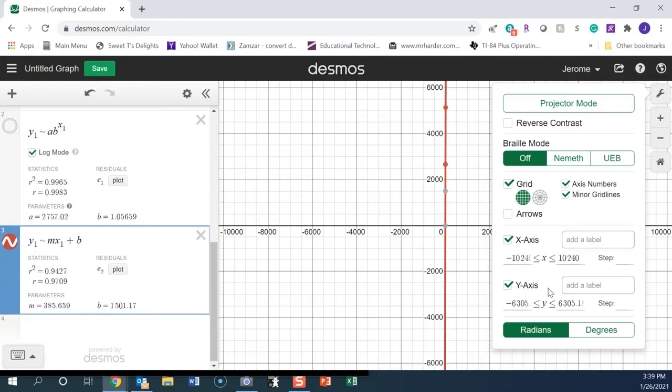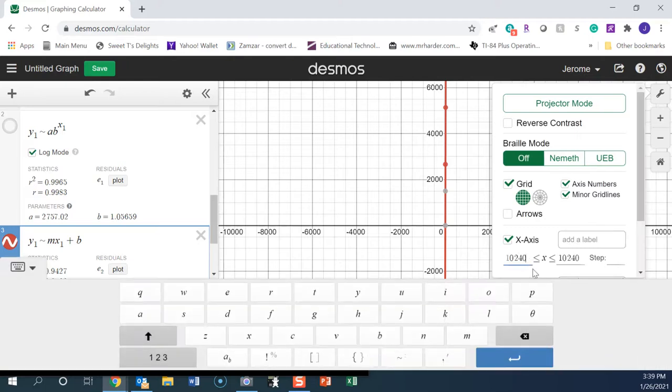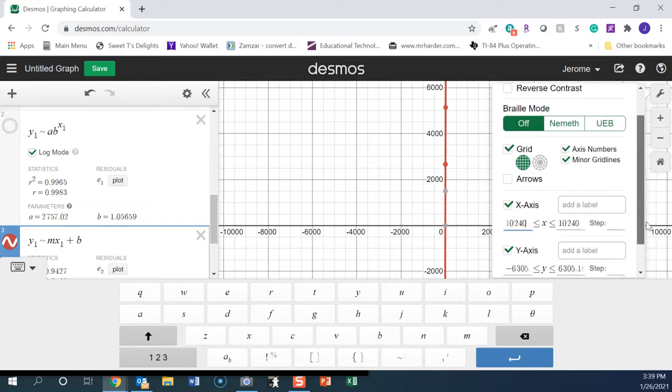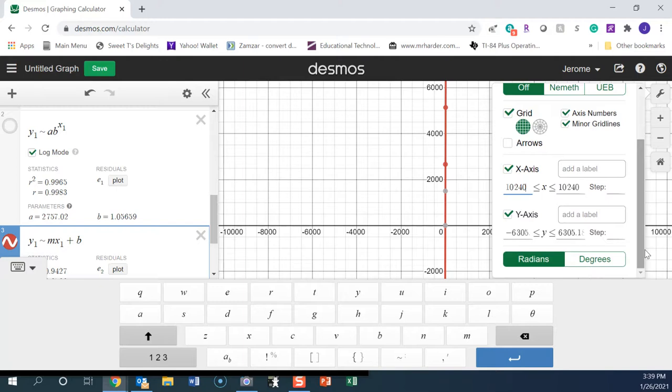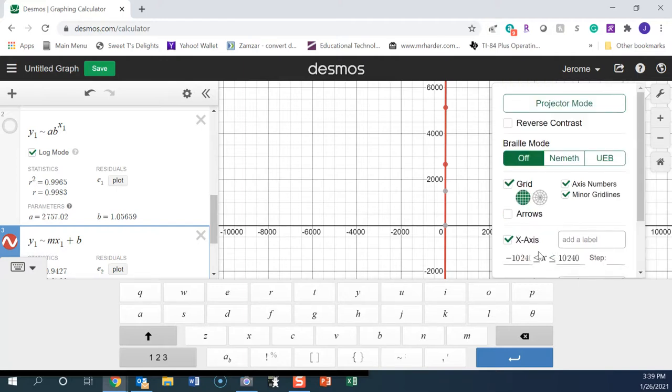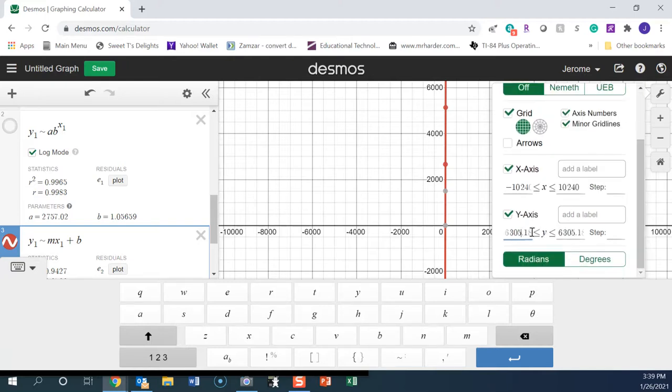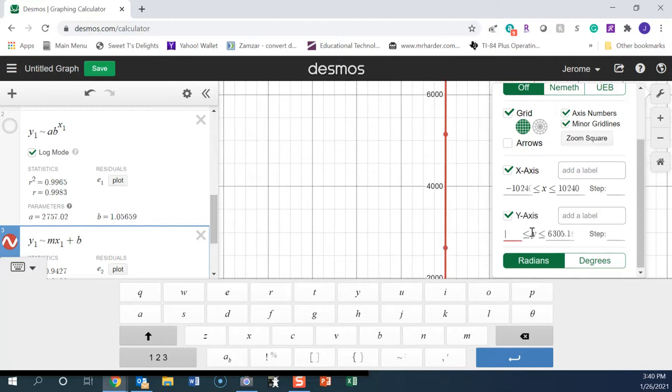All right, let me see something here. The axis. I think the x-axis is pretty okay. It's the y-axis that I think needs to be changed, because we don't need negatives for the y-axis. Really don't need it for the x-axis either. Let me go from 0.